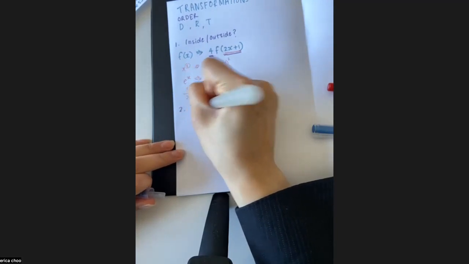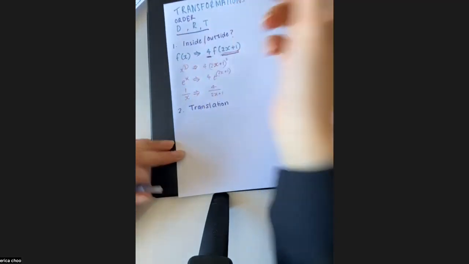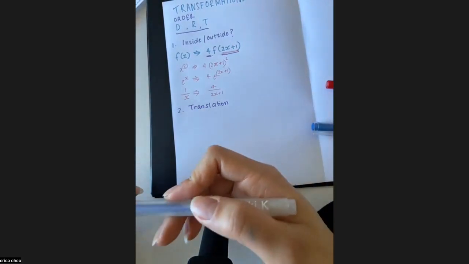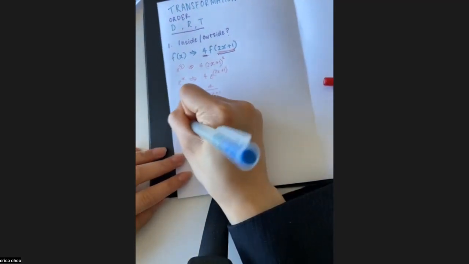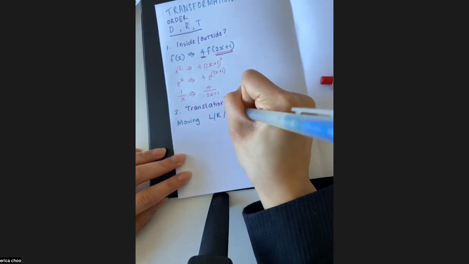Let's start with translations. But always remember that the actual order of transformations is DRT, so dilation, reflection, and translation. Translation is actually last. Translation means you're moving left, right, up, down, okay?